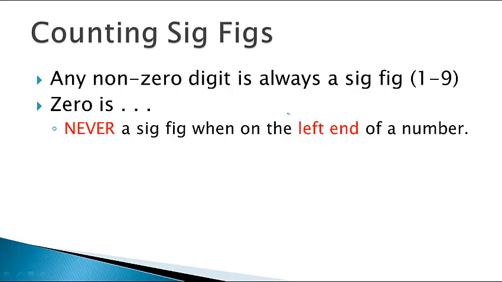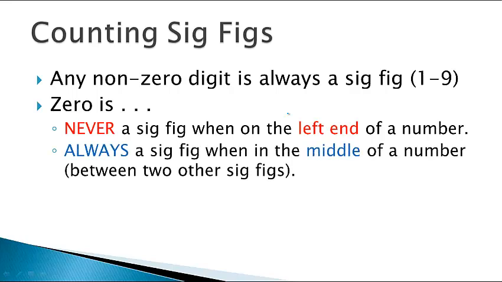0 is sometimes a significant figure. When it's on the left end of a number, zeros on the left end are always there just to hold the place. Like 0.005. Those zeros on the left-hand side are just there to move the decimal place. They're not known values. They're just placeholders. So 0 is never a sig fig when it's on the left end of a number.